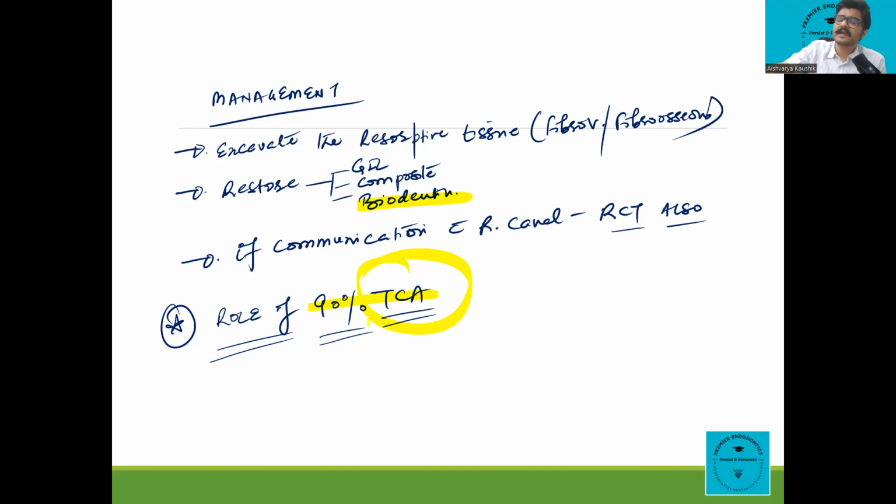What it does is that even when you have surgically raised the mucoperiosteal flap and excavated the fibrovascular tissue, some remnants, some channels of resorptive tissue might be present. So then you apply 90% TCA, right? What it does is it burns, it completely causes coagulative necrosis of the remaining remnants of the resorptive tissue. Okay. And that helps in complete removal of the resorptive tissue.